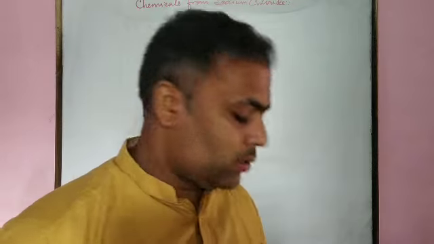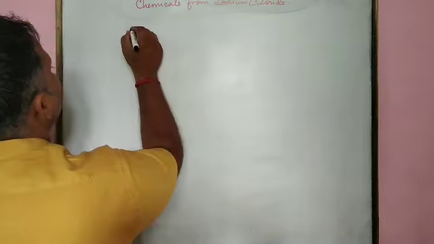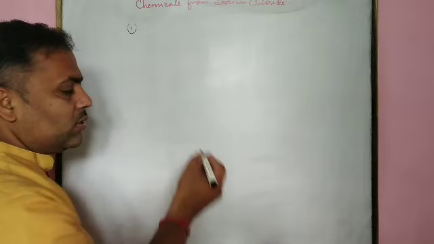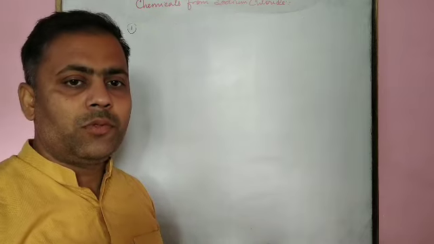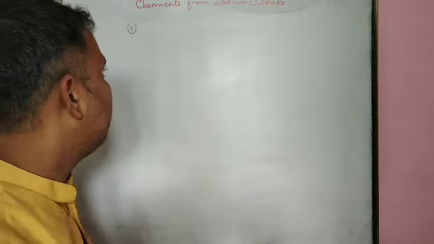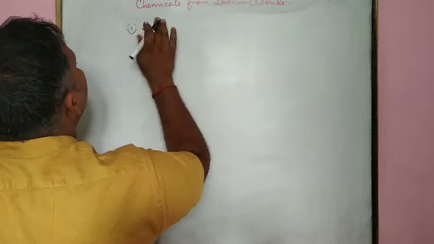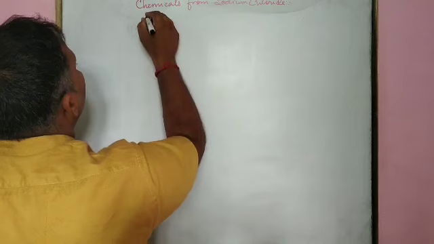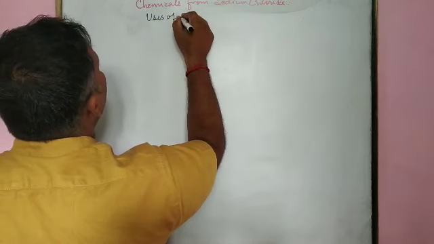Let us discuss. The first one we will study in the next chapter, the preparation of soap. We will prepare soap by the use of sodium hydroxide. We will be discussing the uses of sodium hydroxide.